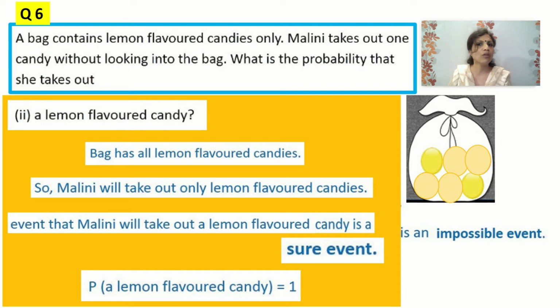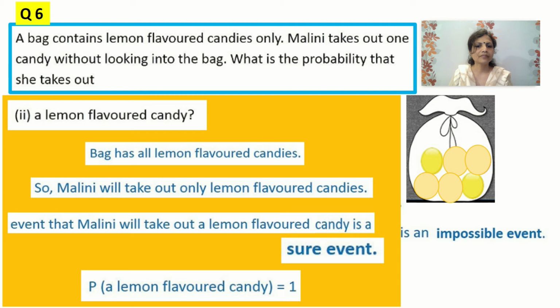There are no other flavored candies in the bag. So the event that Malini will take out only lemon colored candies is a sure event, and the probability of a sure event is always equal to 1. Therefore the probability that a lemon flavored candy will be taken out from the bag is equal to 1.